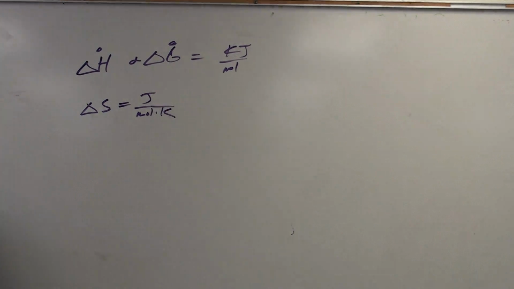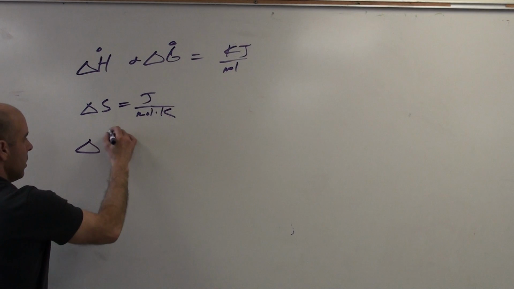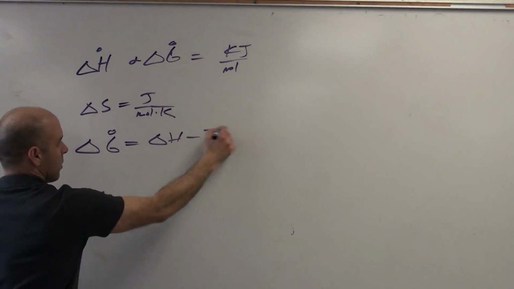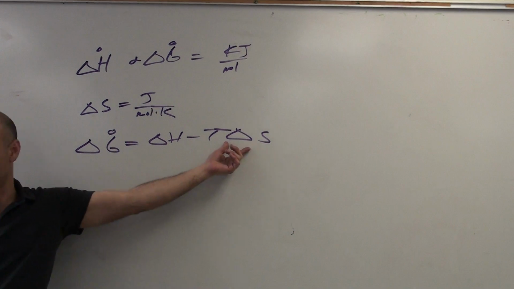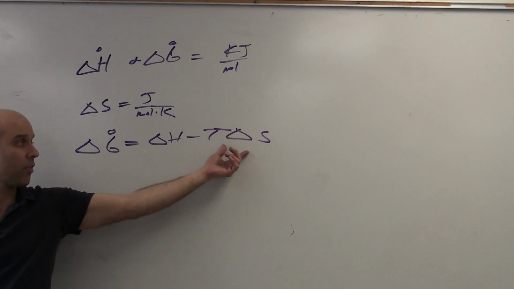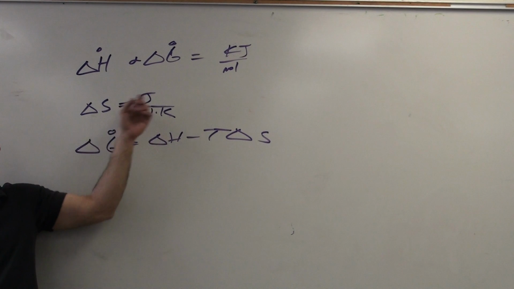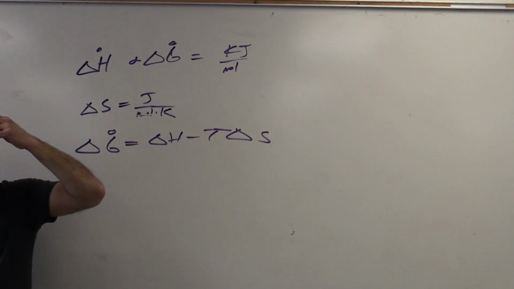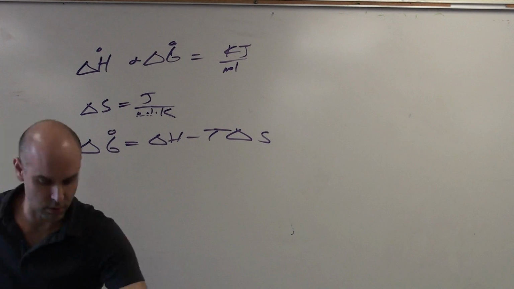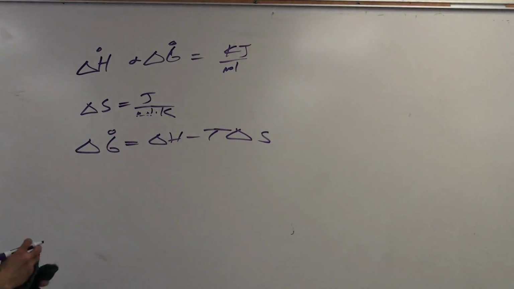So delta S is in a different unit. So when you are doing the Gibbs free energy, you have to convert delta S into kilojoules. So you're gonna divide it by 1,000 as opposed to delta H, which is already in kilojoules. And that's another good thing to bring up.